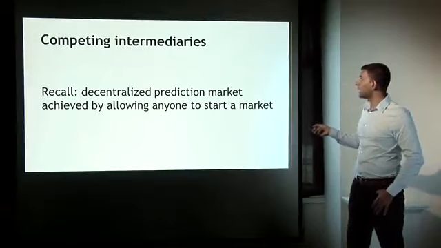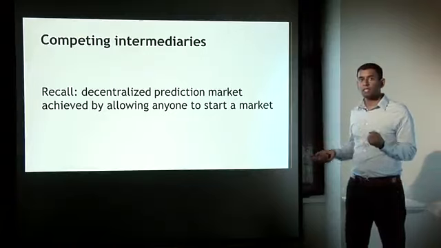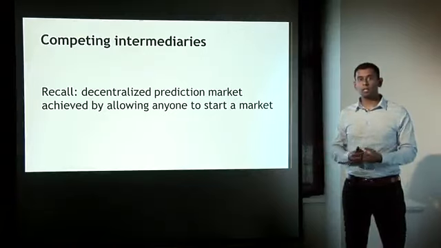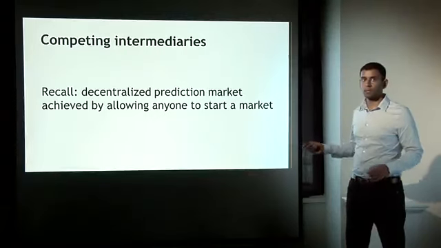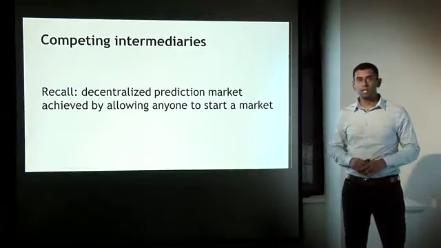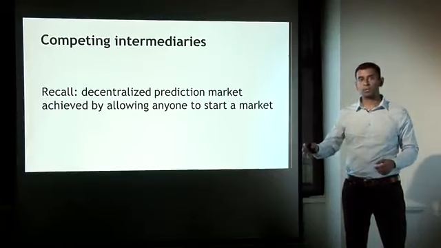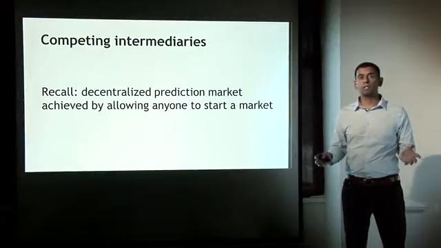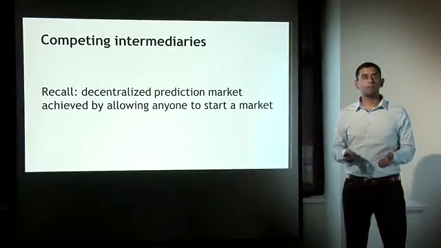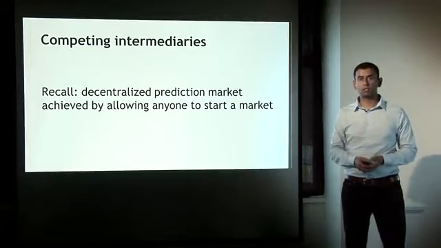And what we did in that situation is also we allowed, instead of a single party like Intrade running everybody's prediction market, we said anybody can now start a market. Let's really lower the barrier to entry. If somebody wants to run a prediction market for the next presidential election, go for it. Someone else wants to run a prediction market for the Super Bowl, they're free to do so. In fact, multiple people can run different prediction markets for the same event. There's nobody stopping them. So you have this competitive market for intermediaries. So that's another sense of the word decentralization.